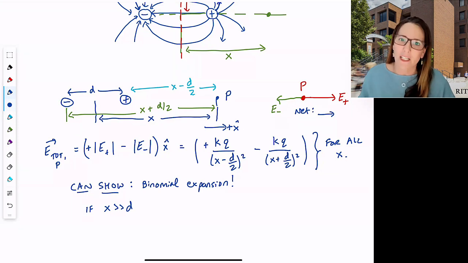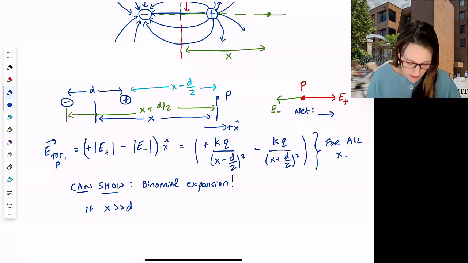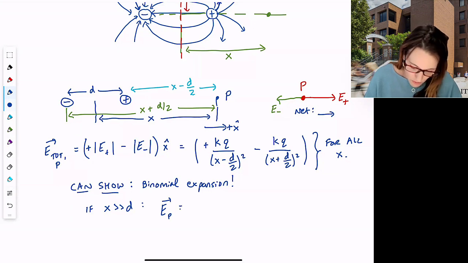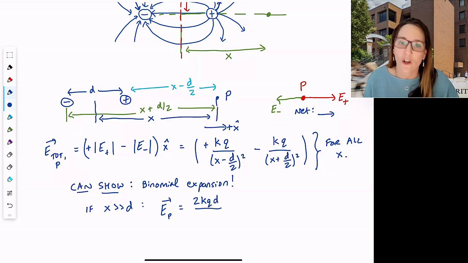But if it's just big relative to the dipole spacing, then we can show that the electric field along that dipole at point P is going to be reduced to the simpler expression of 2kqd over x cubed.